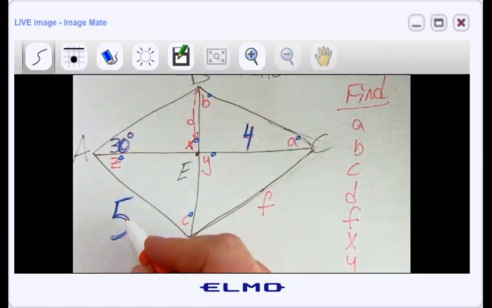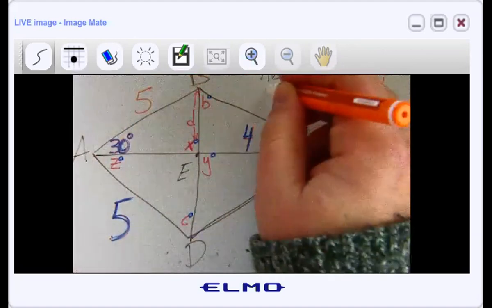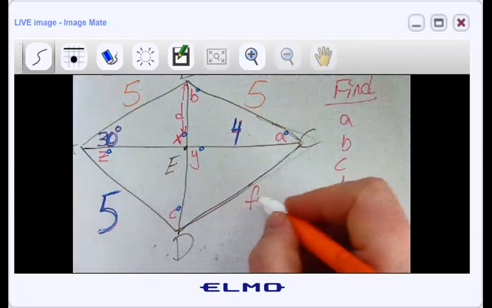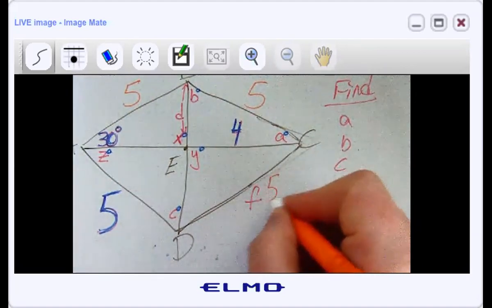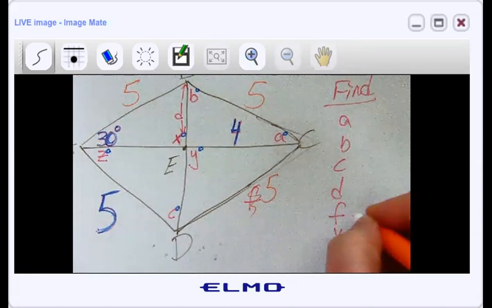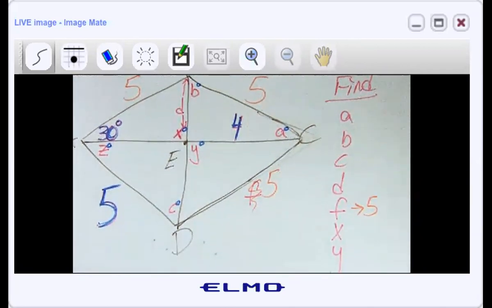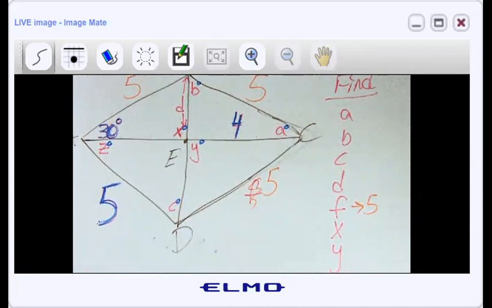So if this is 5, this is 5 and this is 5. And letter F is going to be 5. Let me fill that in over here as we go. All right, so that one was easy.